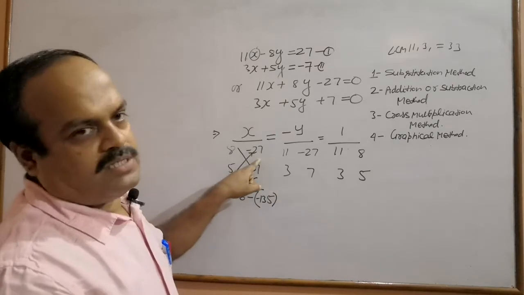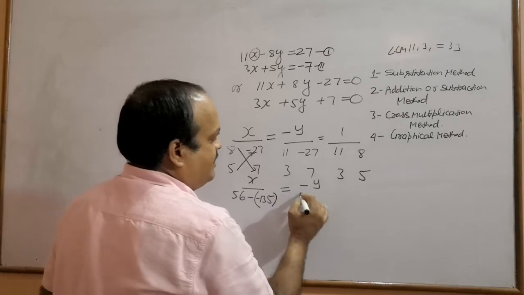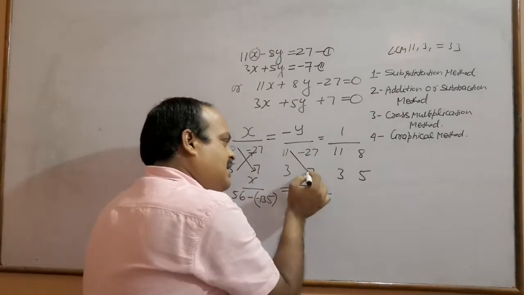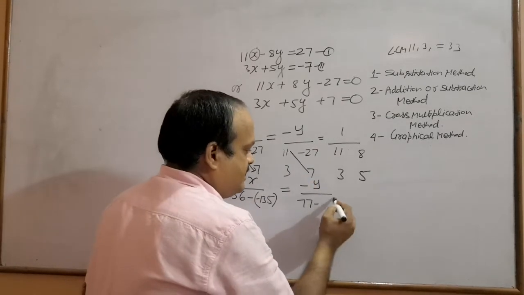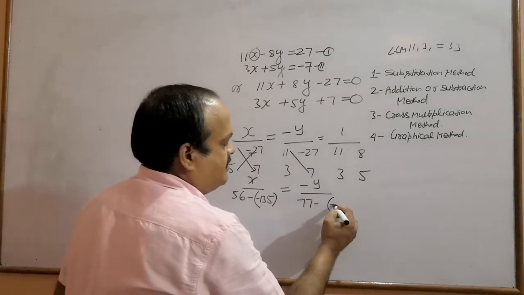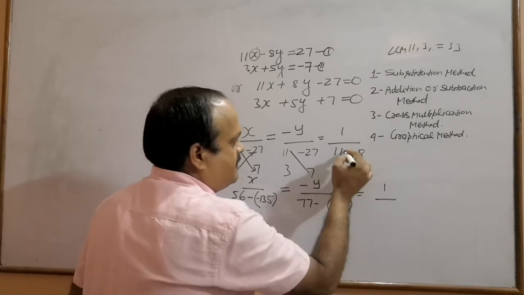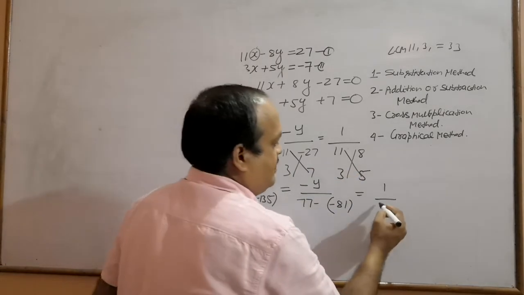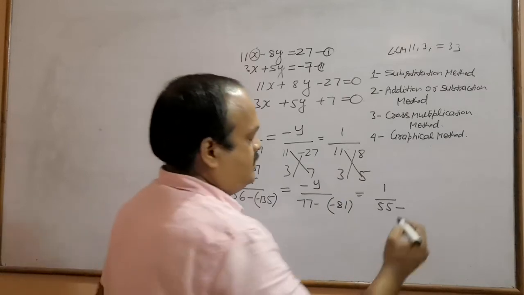Minus y upon, do the cross multiplication, 11 times 7 is 77, minus this, minus 81, is equal to 1 upon 11 times 5 is 55, minus 3 times 8 is 24.